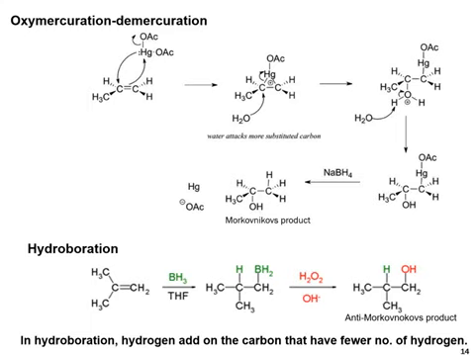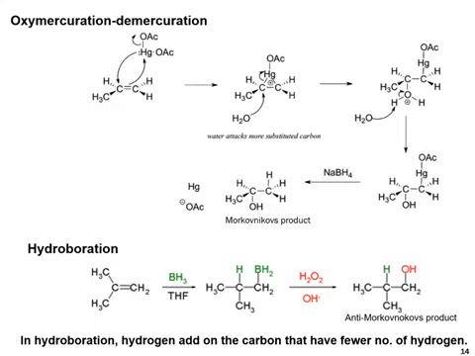Then this intermediate reacts with sodium borohydride and gives the final product. You can see the hydroxyl group overall adds to the carbon that has ordinary alkyl groups, and the hydrogen goes to the carbon that already has the greater number of hydrogens. So the product is the Markovnikov product.